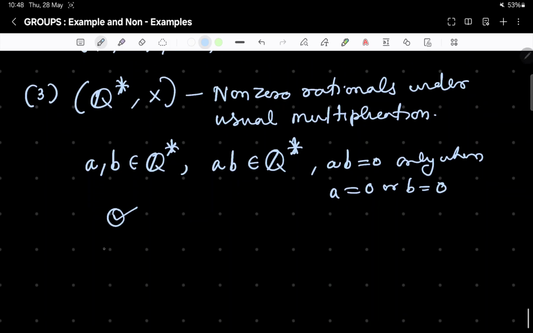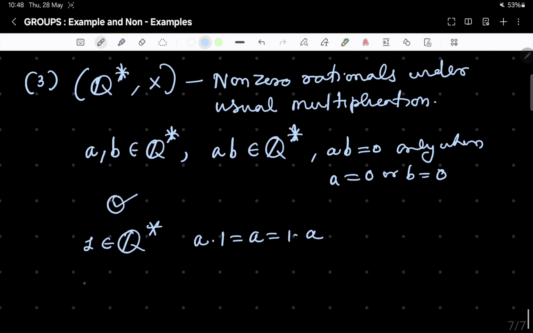Second thing, who is the identity? So 1 acts as an identity in Q star, because if you multiply A with 1 you get A, similarly 1 with A. Now if A is not equal to 0, you can define the quantity 1 by A, and this is also in Q star, because 1 is an integer, A is also an integer.